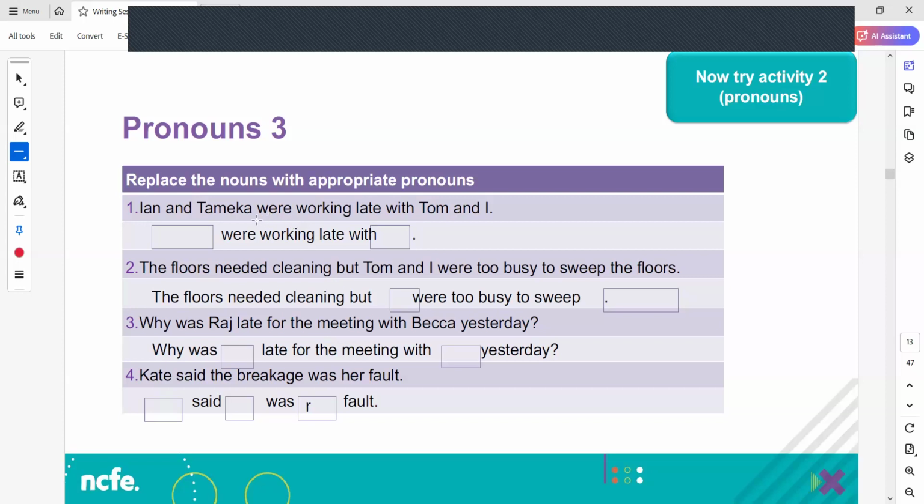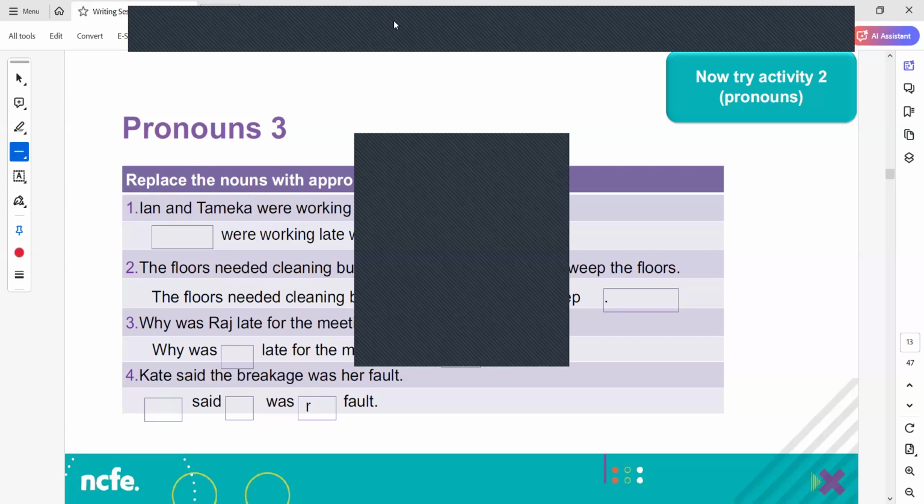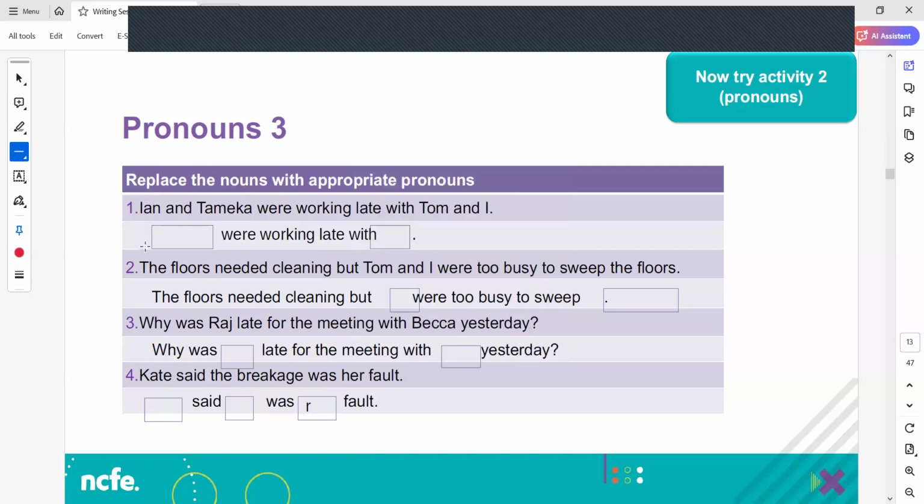Okay. So Ian and Tamika were working late with Tom and I. So first of all, which are the nouns? Ian and Tamika. Tom and I. Yep. So what should Ian and Tamika be changed to?